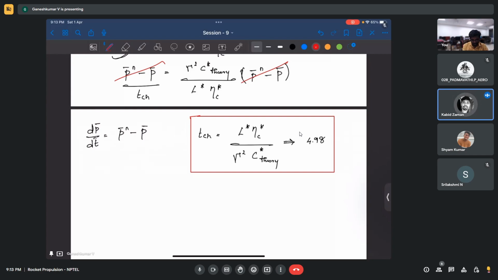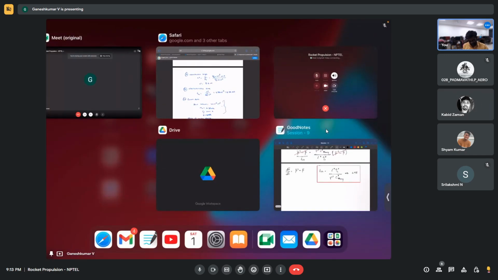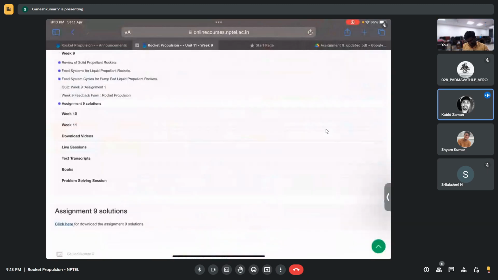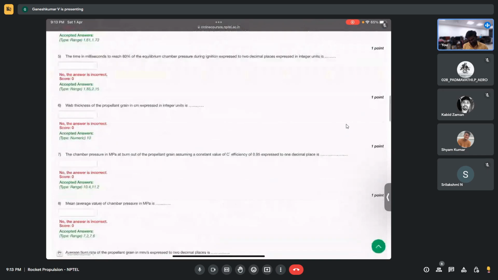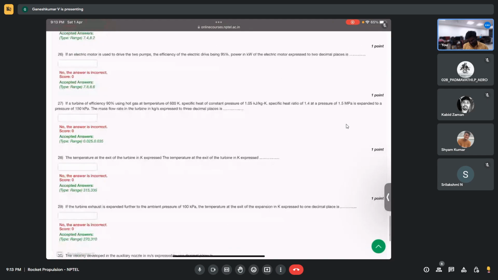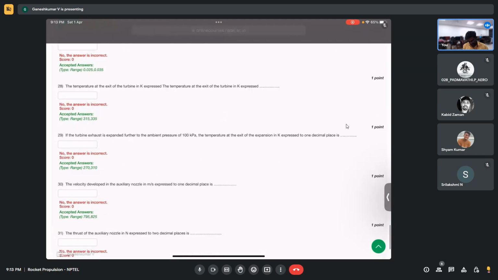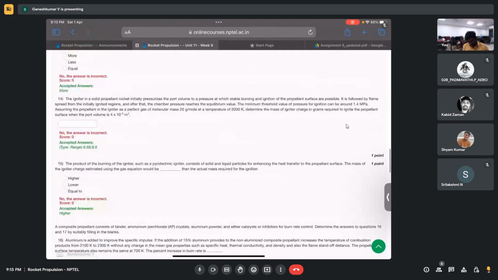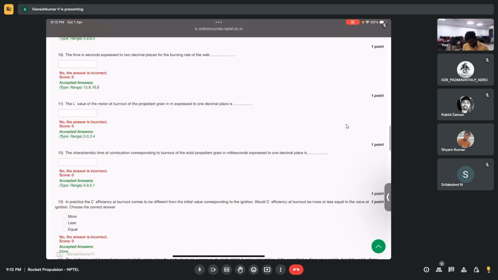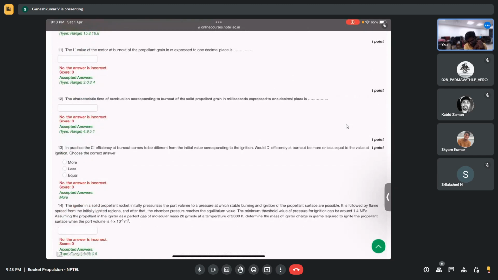This actually contradicts the answer given in question number 13, week 9 assignment. What does it say? In practice, the C star efficiency at burnout comes to be different from the initial value corresponding to the ignition.